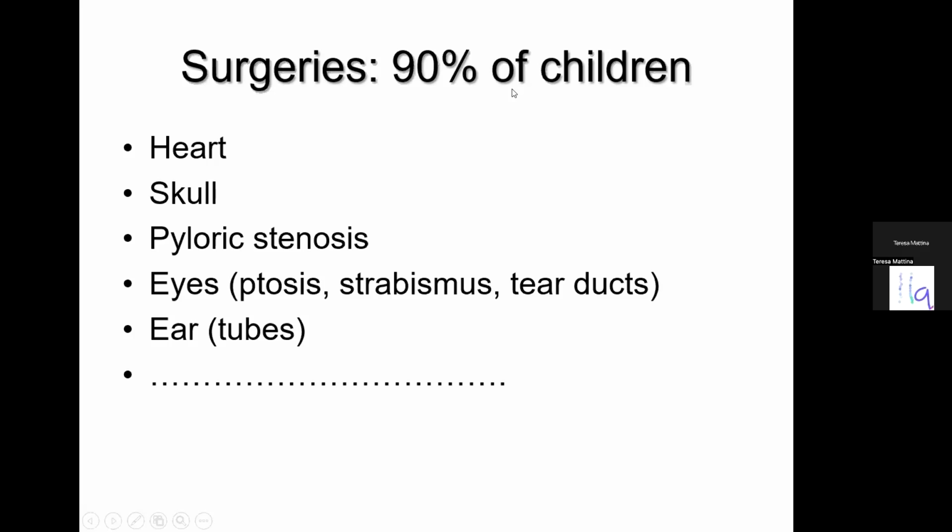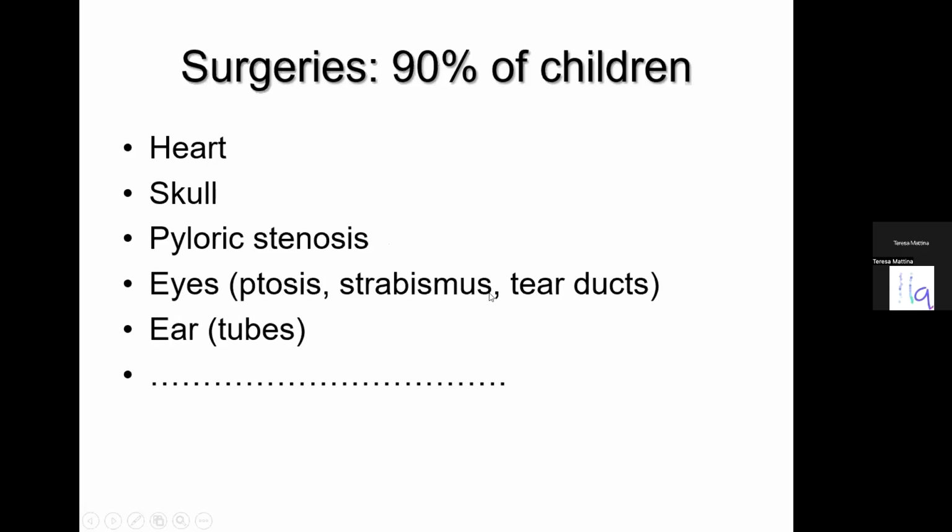About 90% of children have surgeries. Many children have more than one surgery. Heart, skull, and pyloric stenosis are the most relevant, important ones, but also eyes and ears: ptosis, strabismus, tear ducts, and ear tubes.